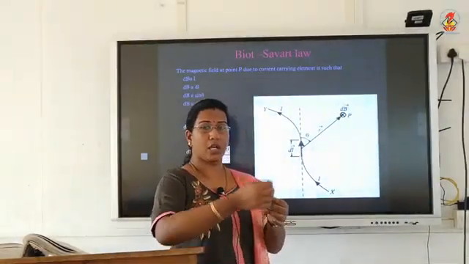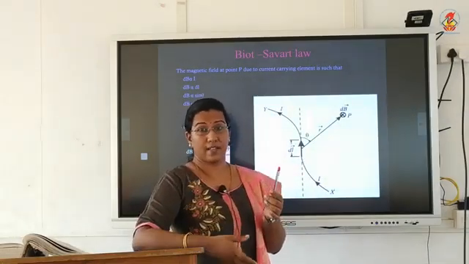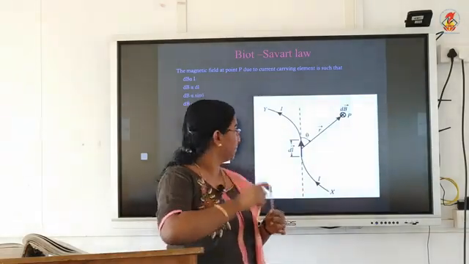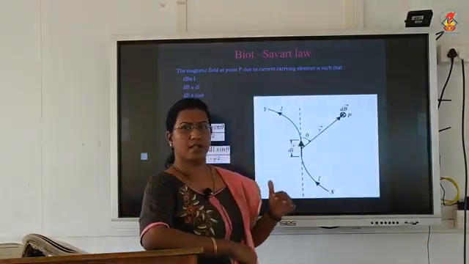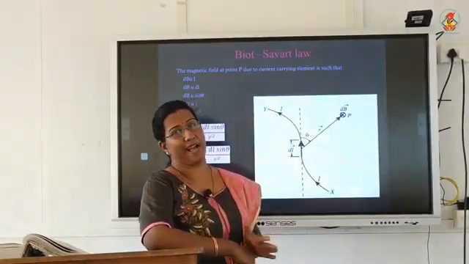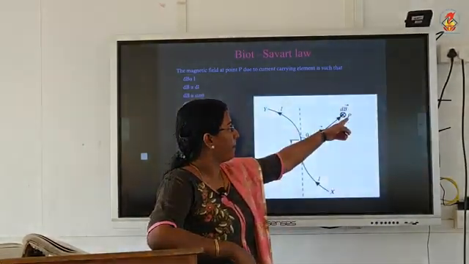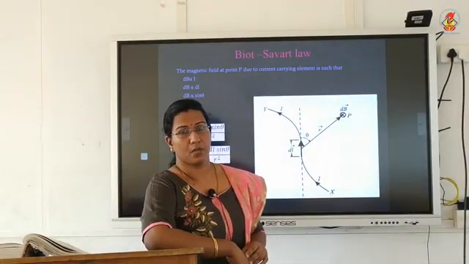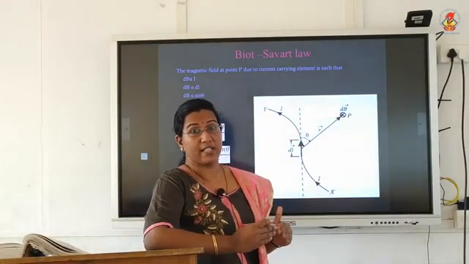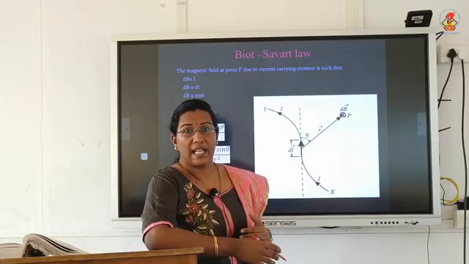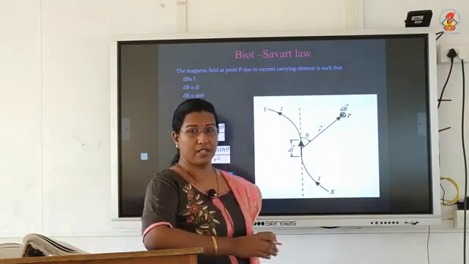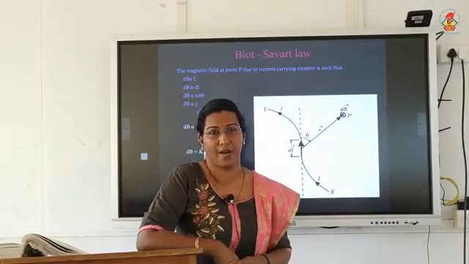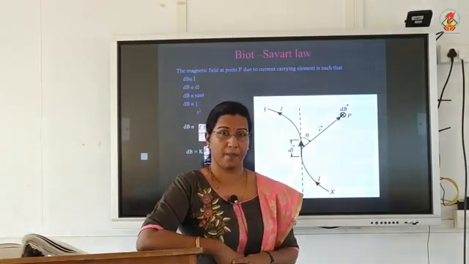When current is flowing through a conductor, as discovered by Ørsted, there will be a field around the conductor. Now you want to find the magnitude of the magnetic field at point P near the conductor. Biot and Savart formulated an equation which relates the magnetic field at a point to the current flowing through the conductor, and this equation is known as Biot-Savart's law.